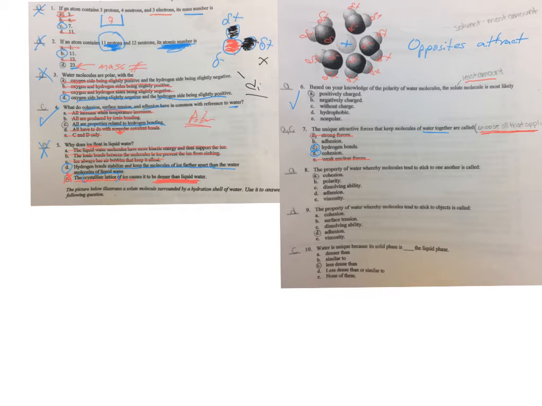The only reason someone might choose C on its own is if it was a sophisticated answer: the word unique might tell you we're talking about hydrogen bonds, because hydrogen bonds are somewhat unique to water, although they do occur in DNA, and DNA is not water. So I would argue that these two are the correct answer, and this one's wrong.